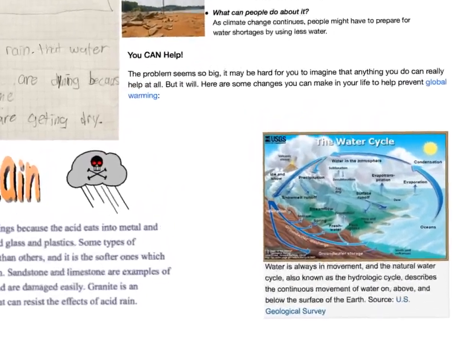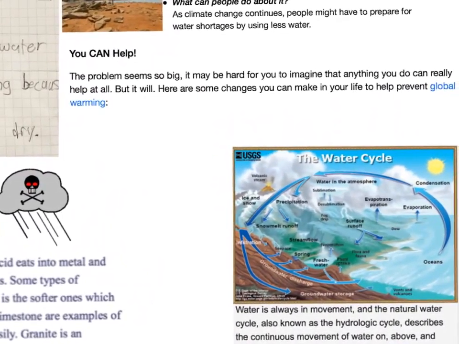The last thing I want to tell you about is this part over here. You can help! Yay! What can we do to help? I'm going to read this part.